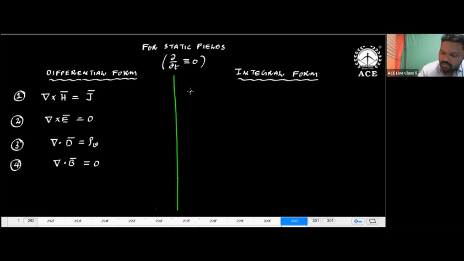This one, beta, first one, closed line integral of H dot dL is equal to surface integral of J dot dA. Second one, closed line integral of E dot dL is equal to 0.